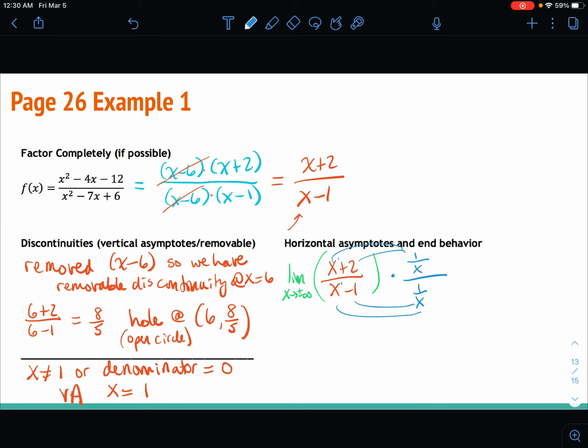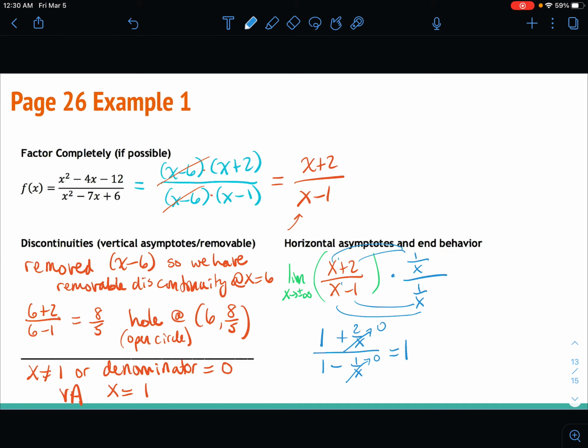Remember, that's just multiplying by a fancy 1. And so we are going to get 1 plus 2 over x divided by 1 minus 1 over x. When I plug in something close to infinity or negative infinity, these become 0.